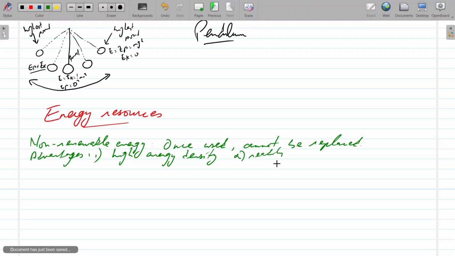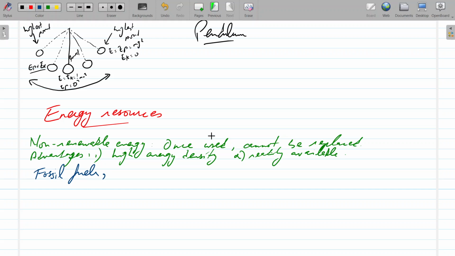So the examples will perhaps make this easier to understand. What are the non-renewable energy resources that they've mentioned? They have mentioned fossil fuels, such as oil and coal and gas and all of that.